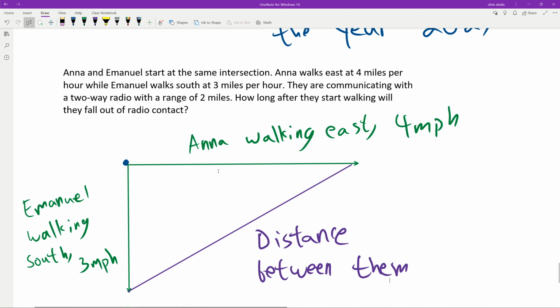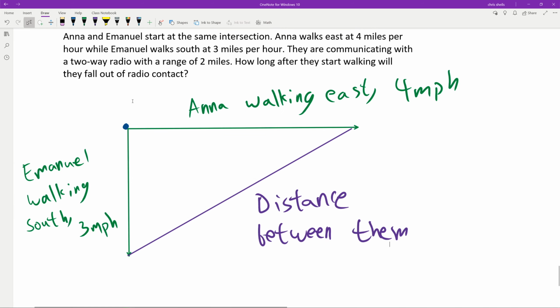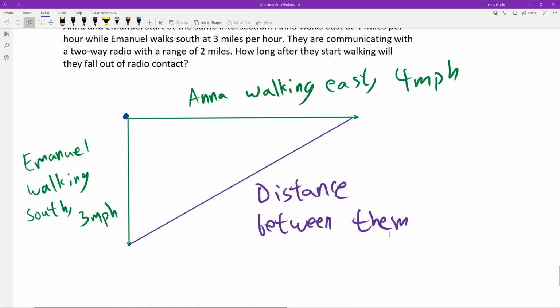So we want to find when the distance between them will be equal to 2 miles, because after that point they're going to fall out of radio contact. So we need to use our information so that we can do something with this triangle that we've drawn.